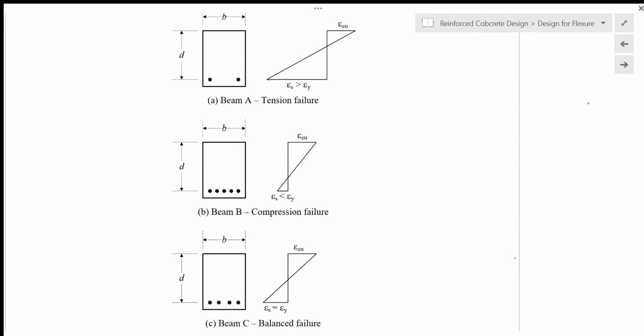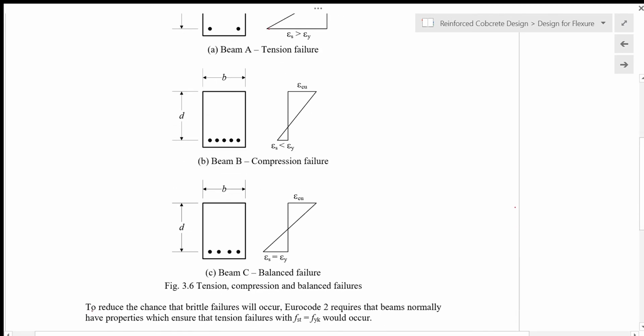In the last lecture, we have seen tension failure, compression failure, and balance failure in the beam cross sections. So, in design, we want to reduce the chance that brittle failures will occur. Both compression failure and balance failure are very brittle failures, because the concrete will crush.